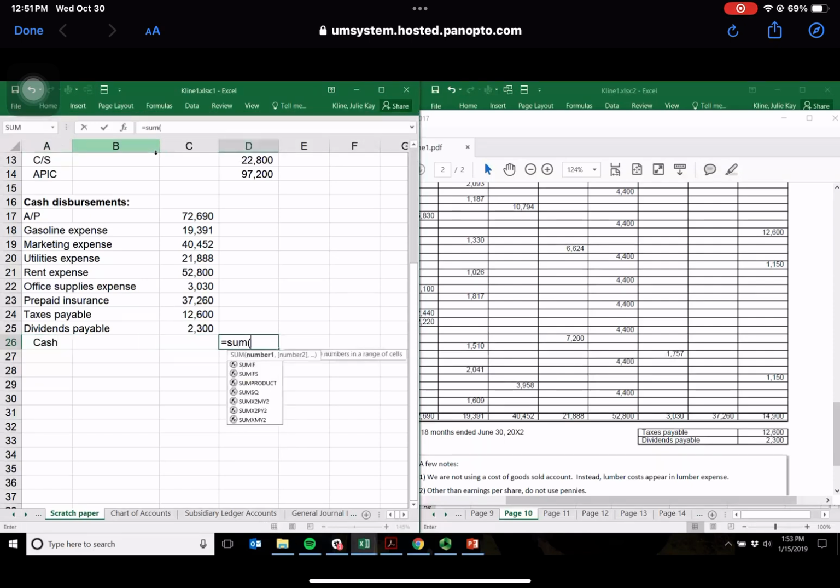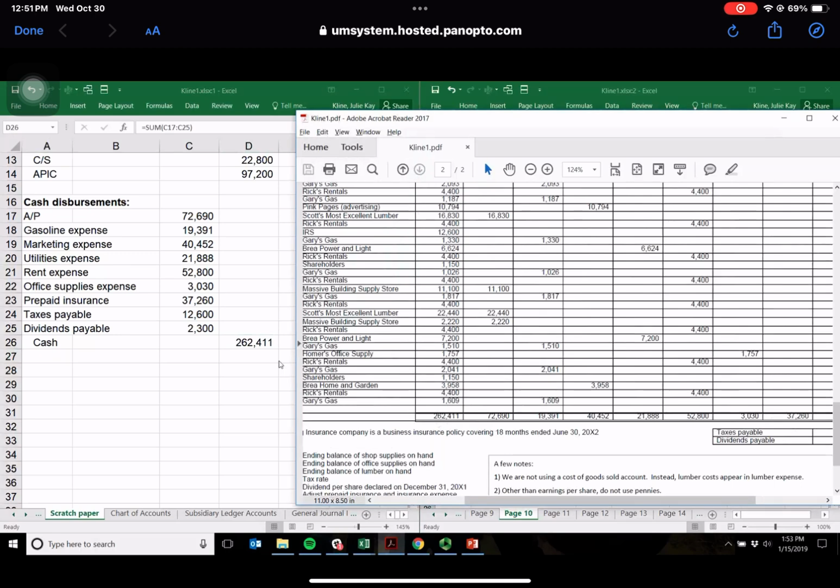If I did this right, this total of cash is going to equal this total, 262,411.